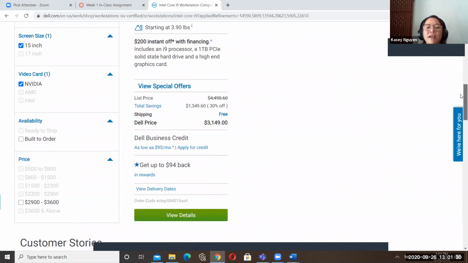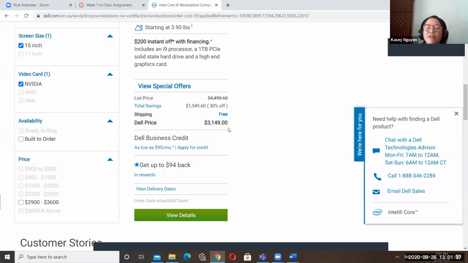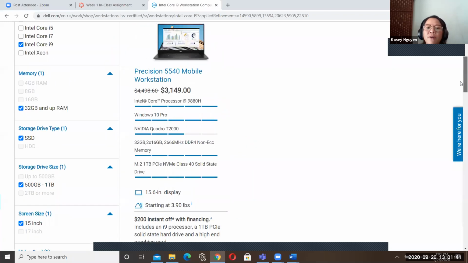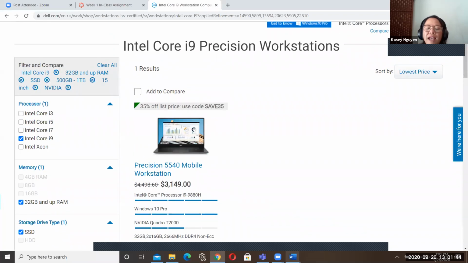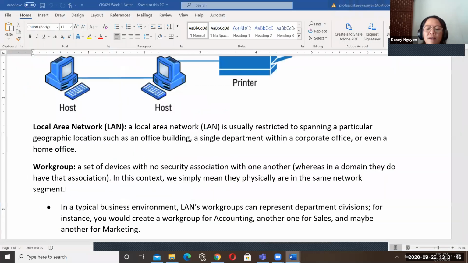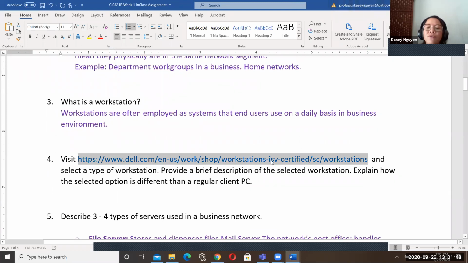So even with the bulk discount, I think we're gonna run roughly between $2,000 to $3,000 for this type of system. Okay. So in that exercise, I want you to visit the website, select the one that you would think would be fitting for your business, arbitrary, or if you have a real business, you can think about that, right?